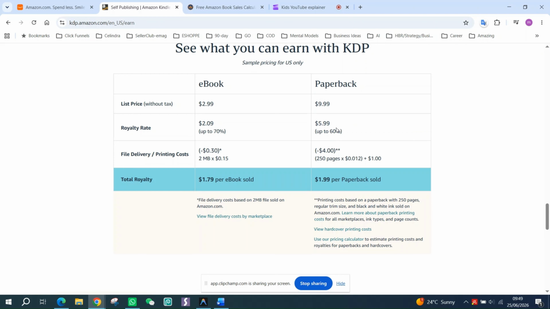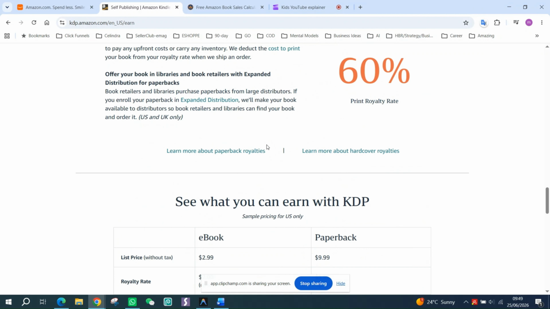But the thing is that this price is something that you set. It's not Amazon. Amazon is not imposing you anything, so you just set the price if you want. If you believe that your book can sell at 19.99, then you put it at 19.99, and you will get more money, more royalties. But of course, that means that the book can be sold at that price. So this is a fine balance that you have to evaluate yourself.